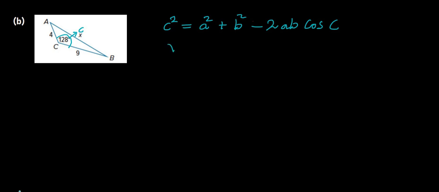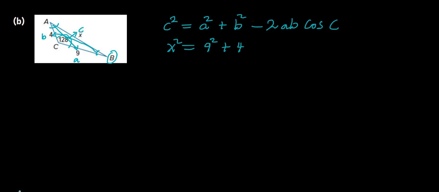Now let's plug in the values. Lowercase c is x, so that will be x squared equals, the uppercase A is this, so check the side directly opposite this, and you can see it here. This is the lowercase a, and that is 9. So this is 9 squared plus, and this is the uppercase B here. Check the side directly opposite this. This is lowercase b, and that is 4.